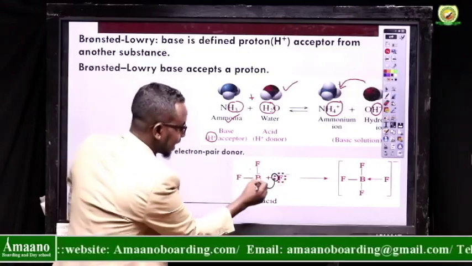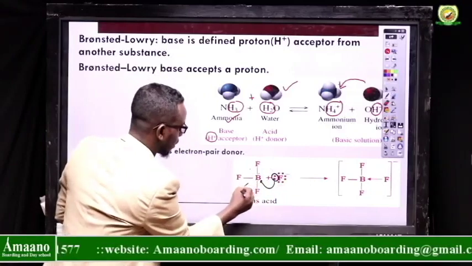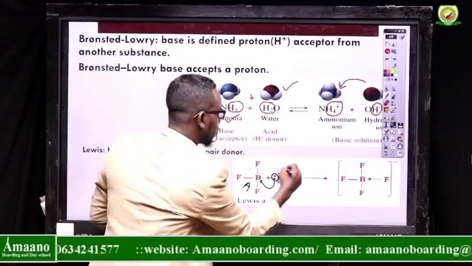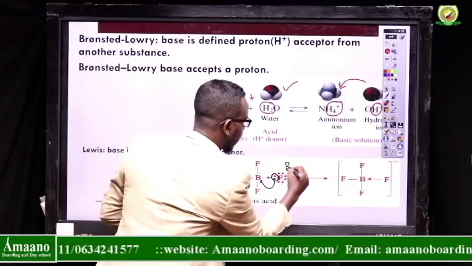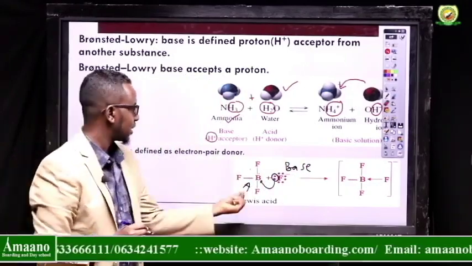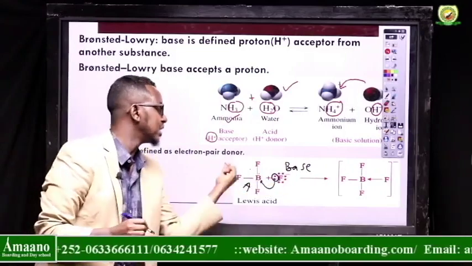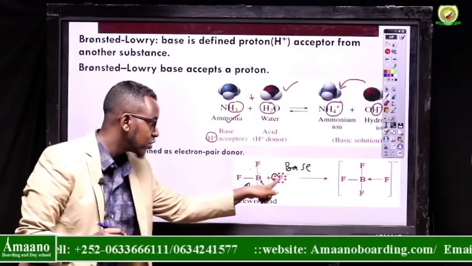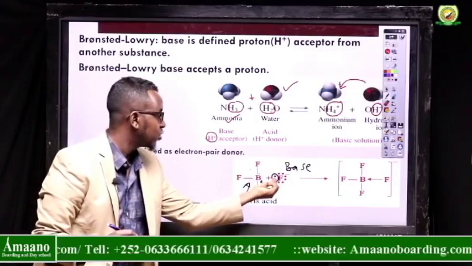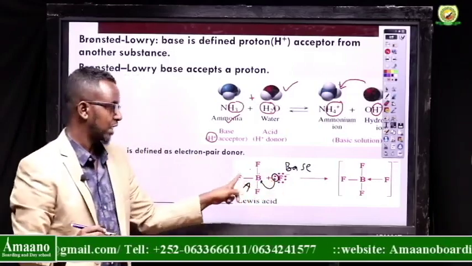Any substance that accepts a pair of electrons is called acid. What about a substance that donates a pair of electrons? This is called base. Consider fluorine. It contains 8 electrons, so it donates 2 electrons to boron. So this is called base, and this is called acid.